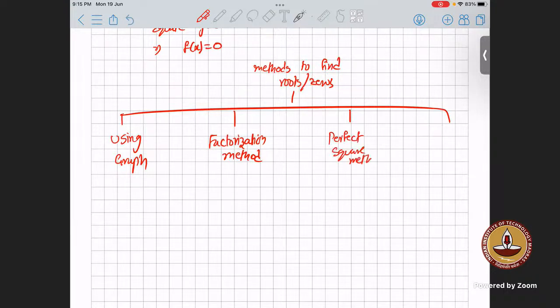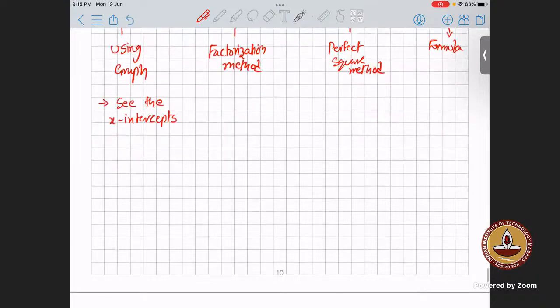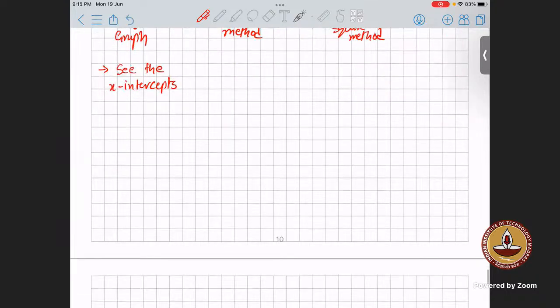What is the fourth method? The quadratic formula. Using the graph method, see the x-intercepts.